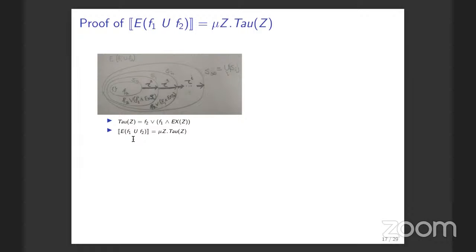On the left side, I'm relying on the semantics of CTL logic, which defines all the states that make F1 until F2 true. That is based on looking at states and paths originating from that state.